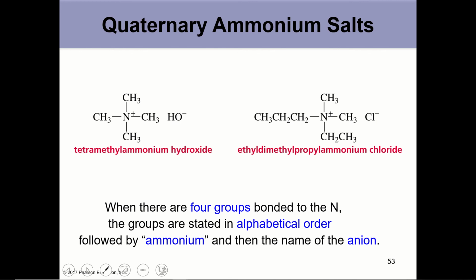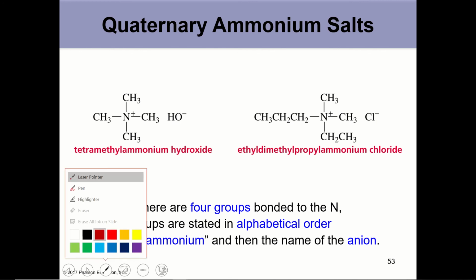And the anion could be any number of anions. You should remember your list of anions from General Chemistry 1. So for a quaternary ammonium salt, the nitrogen will be bonded to 4 groups. And if those groups are not identical, they will be listed in alphabetical order.